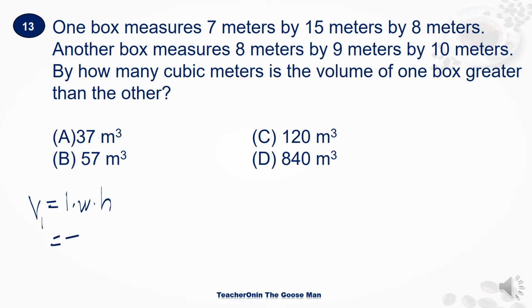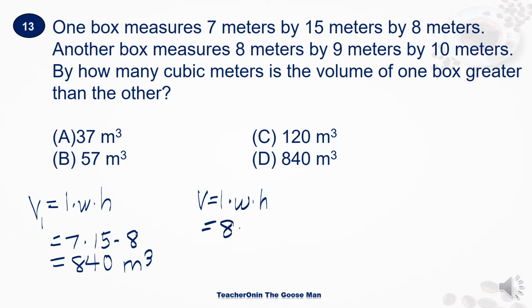Let's call the first one volume 1. So we have 7 times 15 times 8, and the product is 840 cubic meters. Next, the second dimension is 8 times 9 times 10, so volume is length times width times height, 8 times 9 times 10, and we come up with 720 cubic meters.